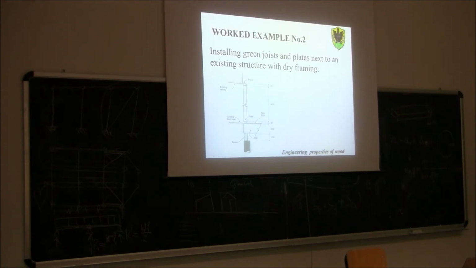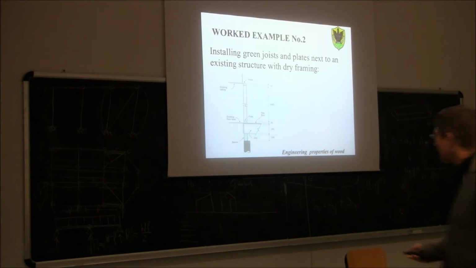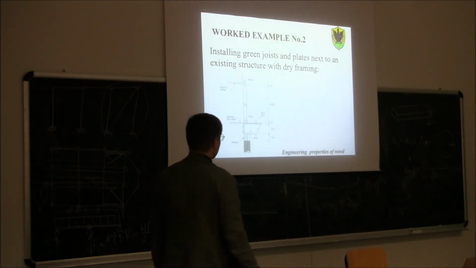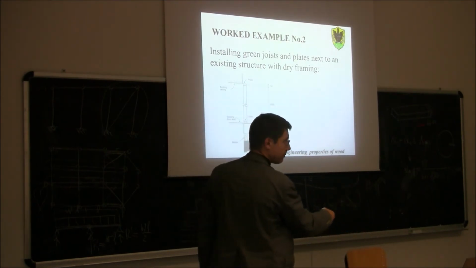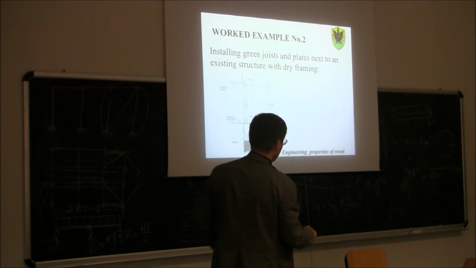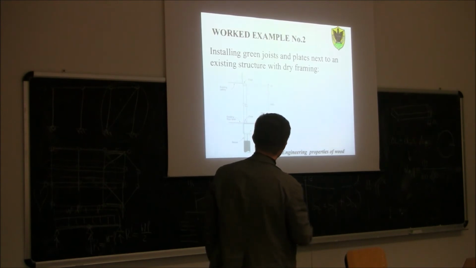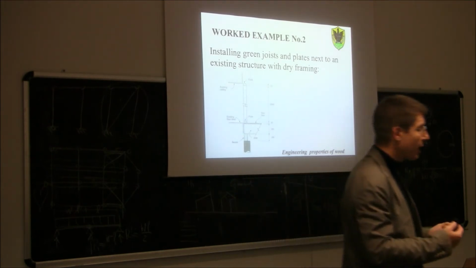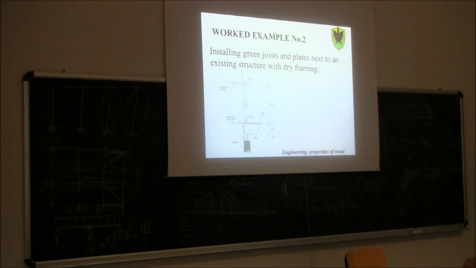So how much down can we expect this new extension to go? We use again the same formula, where, however, we need to find out which members are going to contribute to the shrinkage. Just to remind you, we said before that in the direction parallel to the grain, the shrinkage is negligible.